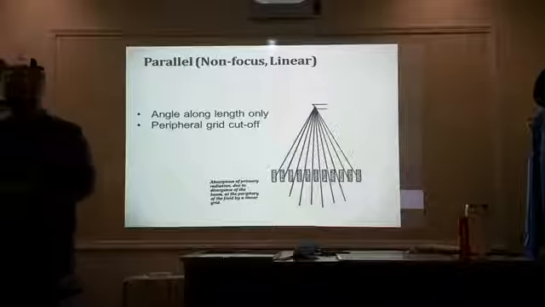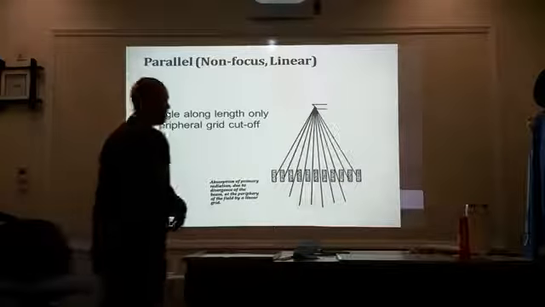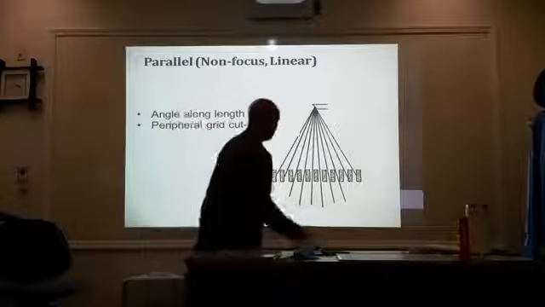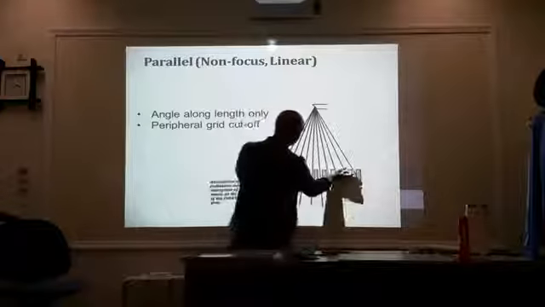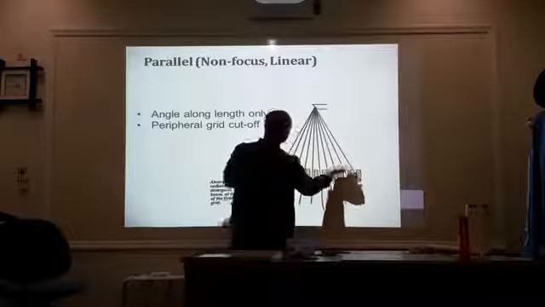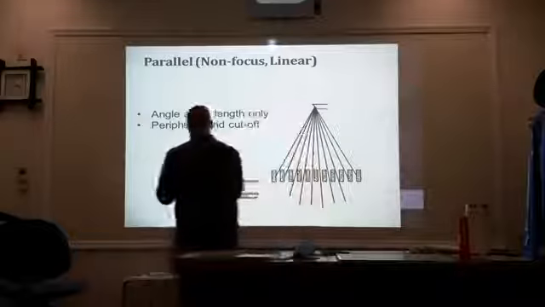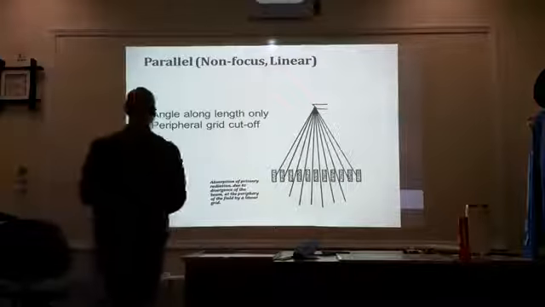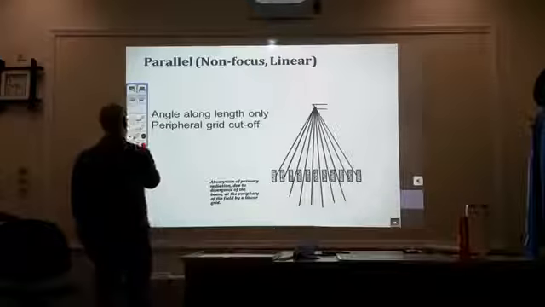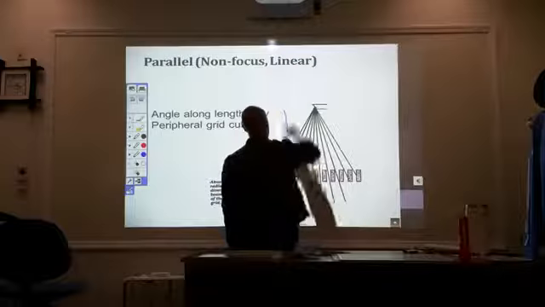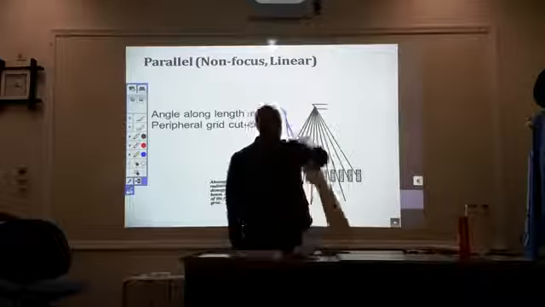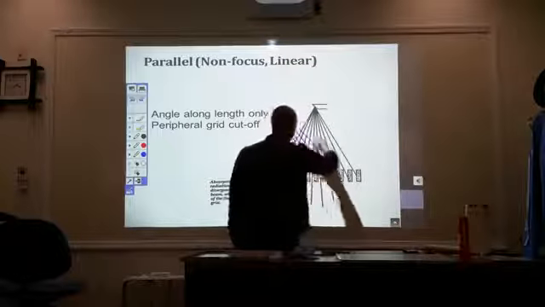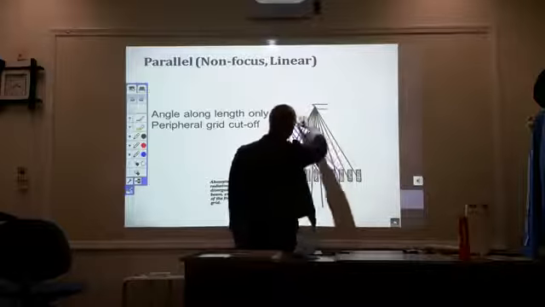The problem with this is that if you angle your X-ray tube a certain way, or if your imaging plate is angled a certain way, so let's just say now your X-ray is coming down at an angle instead of straight up and down. What are the chances of those beams interacting with your film?